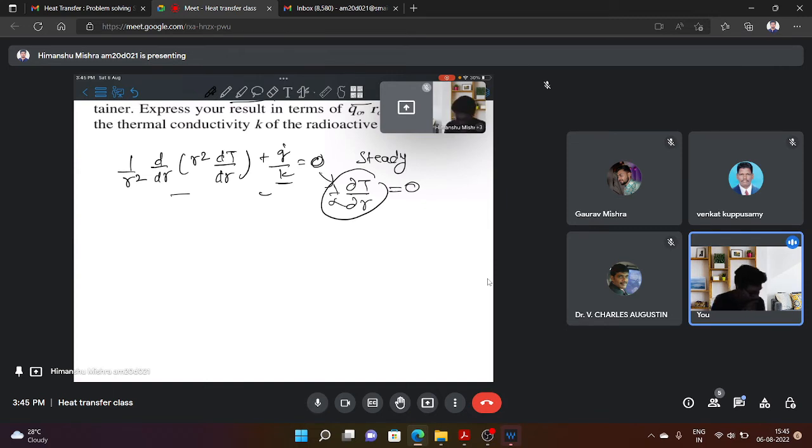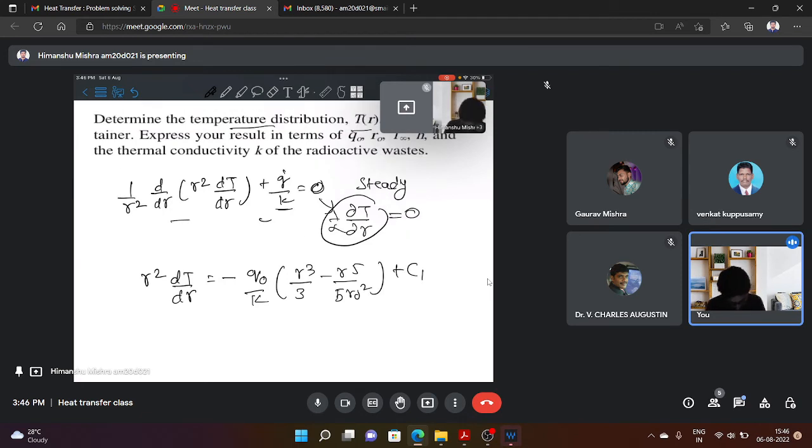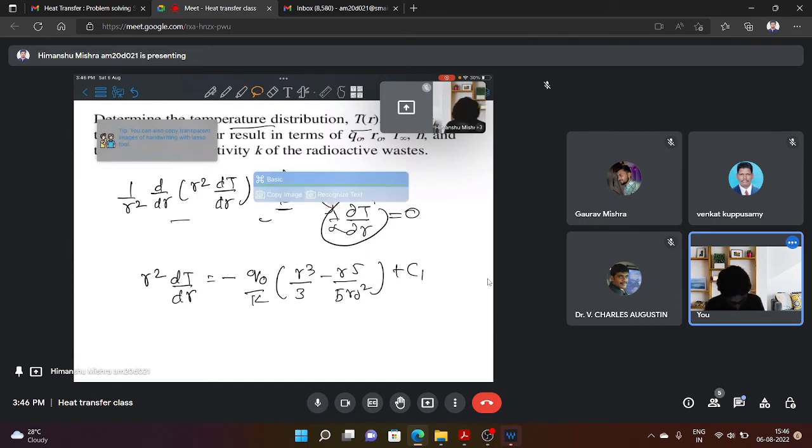So on solving this equation, we need to integrate it. On integrating the first time, we will get dT by dr equal to some constant. Here I substituted q as a function of the radius, which is given in the question.